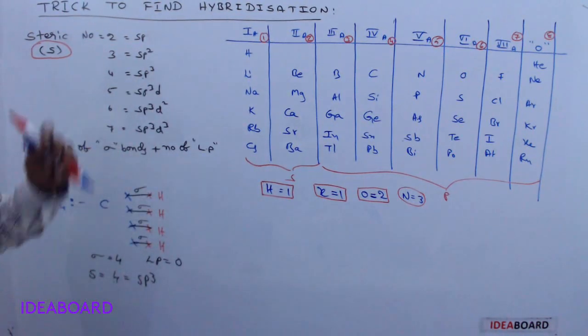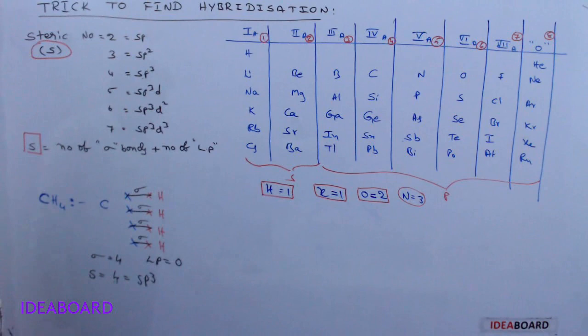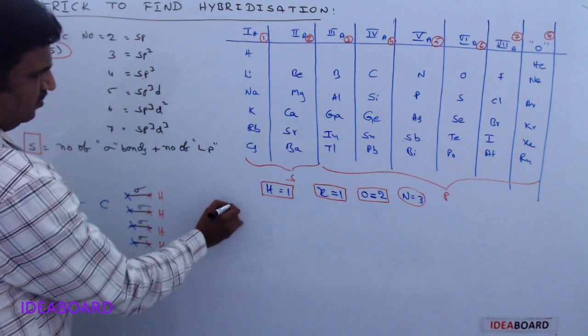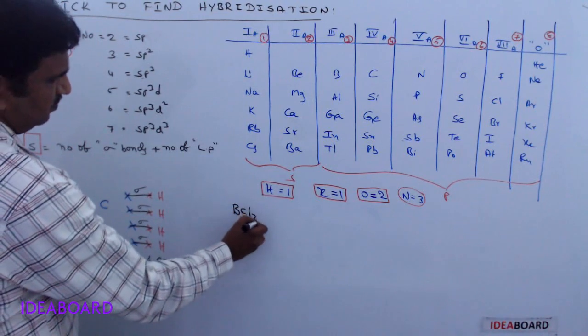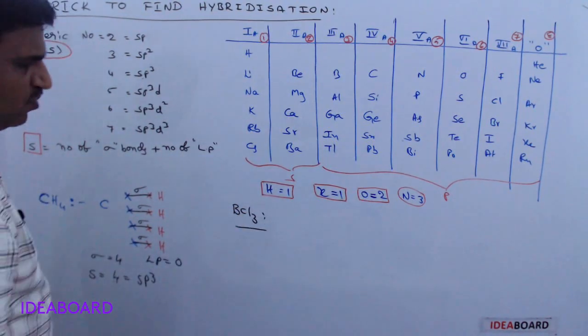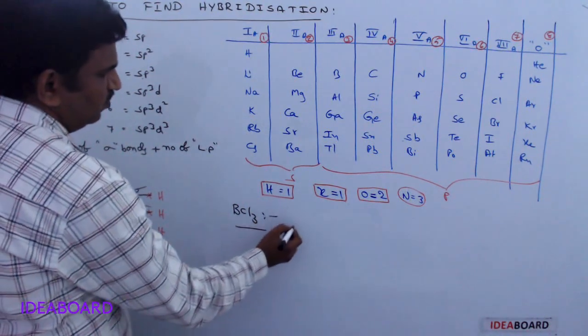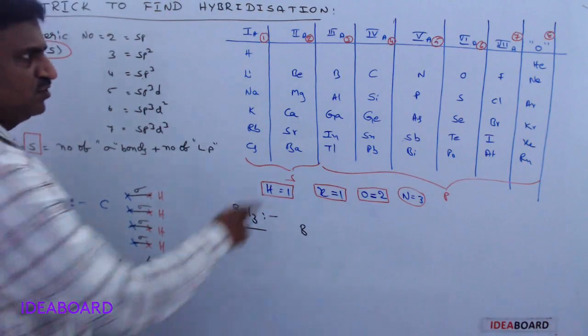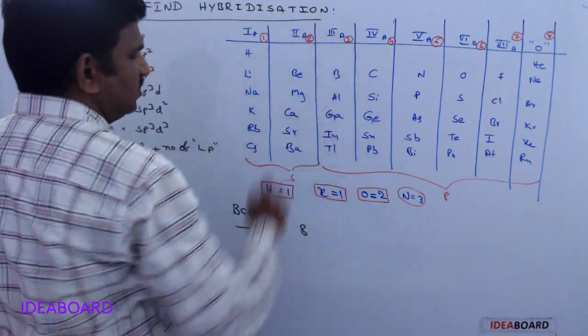sp3 hybridization. Okay, and next, suppose I am taking the BCl3 molecule, boron trichloride. In the boron trichloride molecule, the boron atom belongs to the third group.